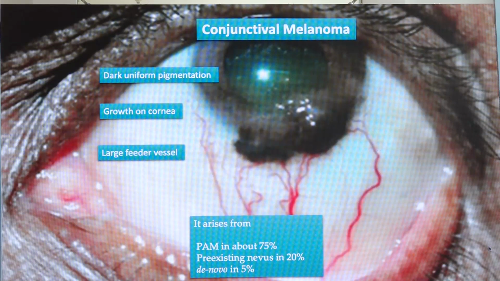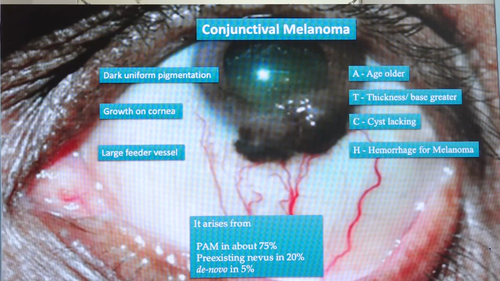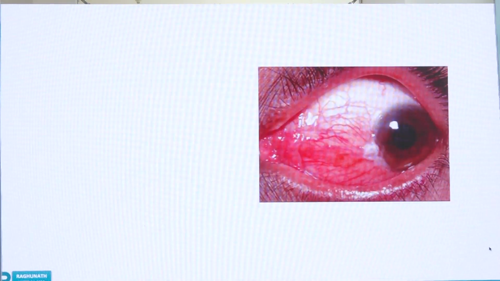So whenever you are seeing PAM, do be suspicious about it growing into a melanoma. From a nevus, 20% of it, and 5% de novo. Older age, thicker base, no cysts, and hemorrhage are the most important things which will help you to differentiate your nevus lesion from your melanomas.